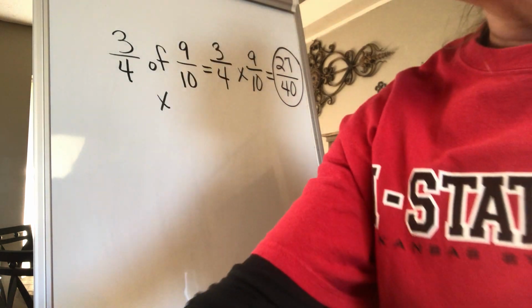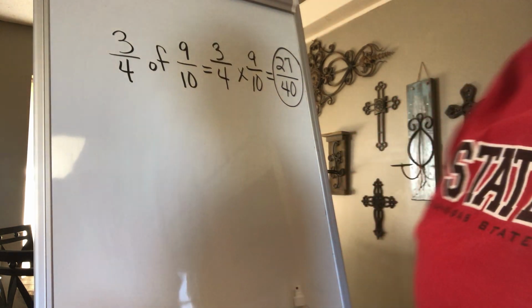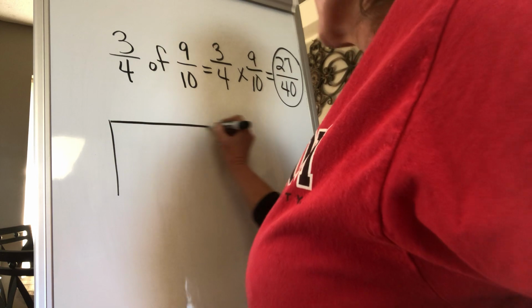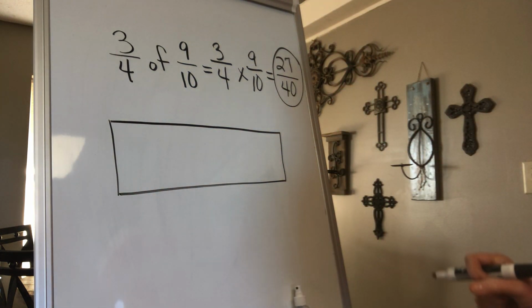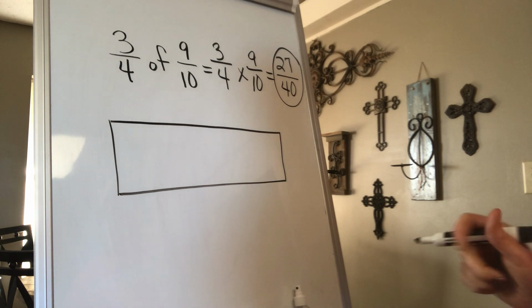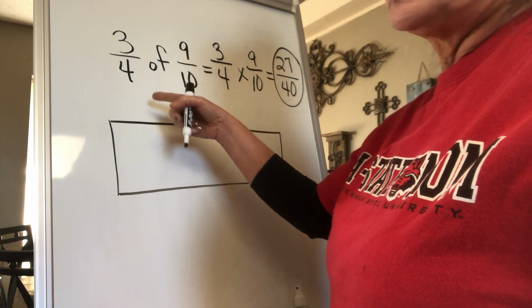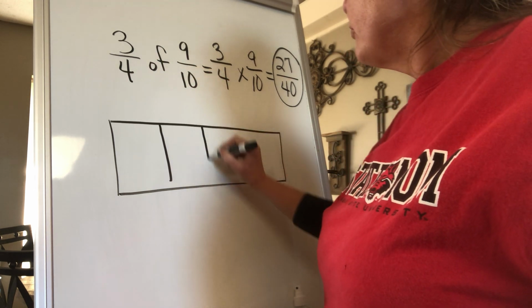of that road. Now, again, if you need to look at it as a diagram, just think about it this way. Her road was 9/10. Now, her road has been divided up into fourths, because we were dividing into fourths.